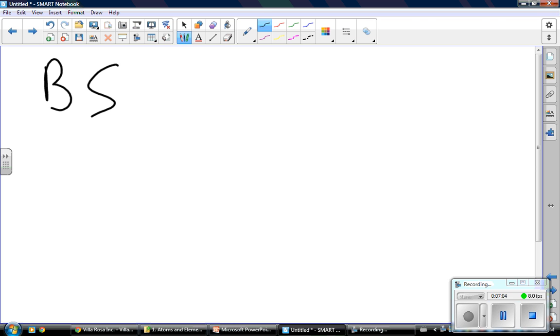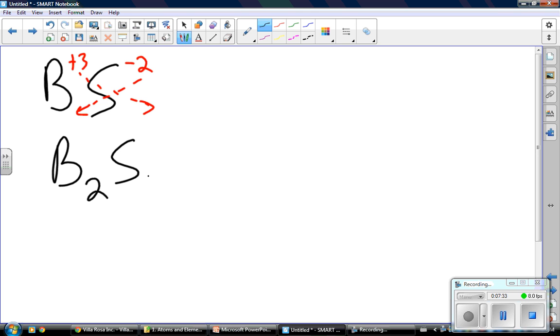What's the charge for a boron ion? +3. And the charge for a sulfur ion? -2. Now the reason why this one's a special case is because boron is a non-metal. But it will still form ionic compounds like this. Crisscross it, and you end up with B2S3.